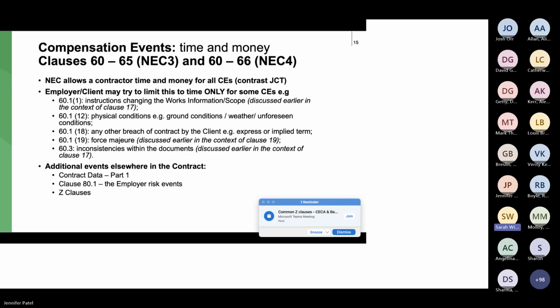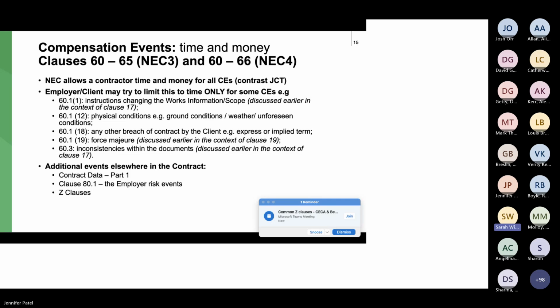But what we're seeing more and more for some compensation events, and some of them are listed in that second bullet point, is a mechanism where there's a Z clause which says for these particular compensation events, all the contractor is entitled to is an extension of time. It does not get any money relating to the time. So just be careful with that.